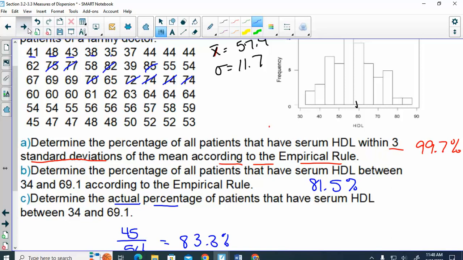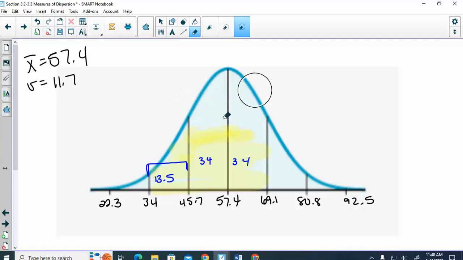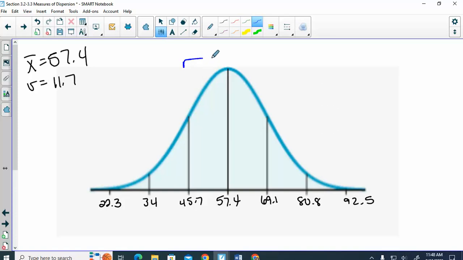Okay, so how do we get 81.5? So think about this picture for a minute. So if we think about the rules, first standard deviation we know is 68%. So if you divide that by 2, that means you have 34 in each of those chunks. Next section is 95. So if you divide that by 2, you get 47.5.